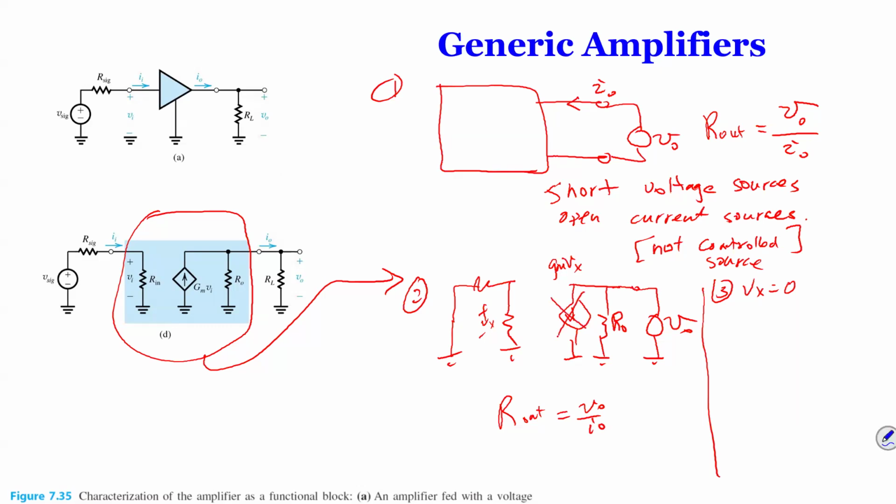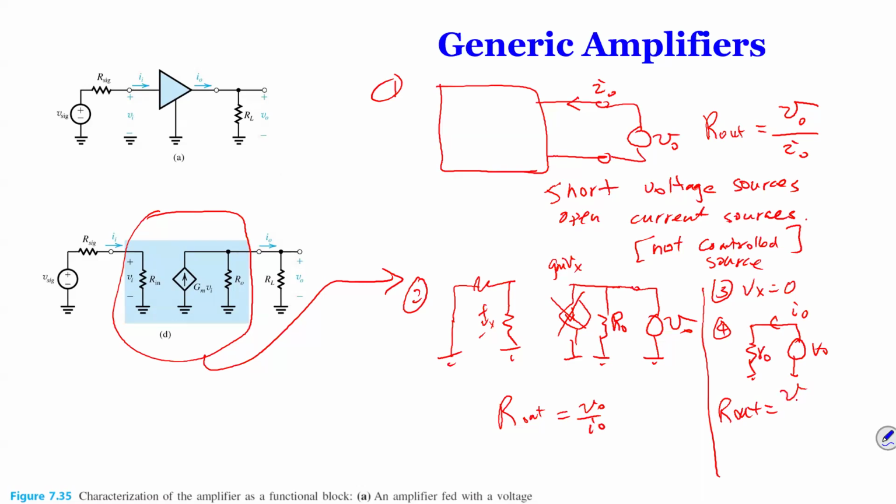So this is open. Once you open that, what do you have then? At the output, you have RO, VO, and IO. So you don't have to even calculate.